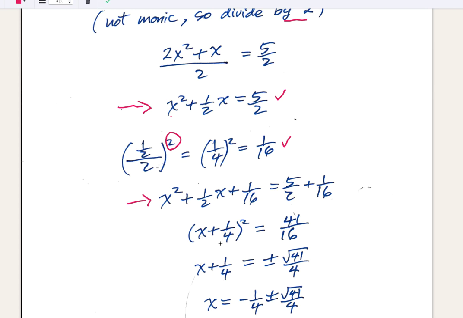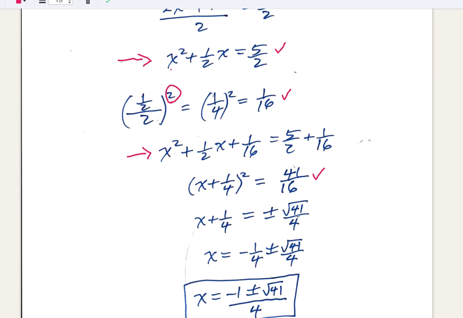I would get 2 times the product of these two, so that would be 2 times 1/4 times x, which is 2/4 x, which is really 1/2 x. Plus 1/4 squared is a 16th, so there it worked. Now I have to add these two fractions here. The common denominator is 16, so that's actually 41 over 16 when you perform the arithmetic here.